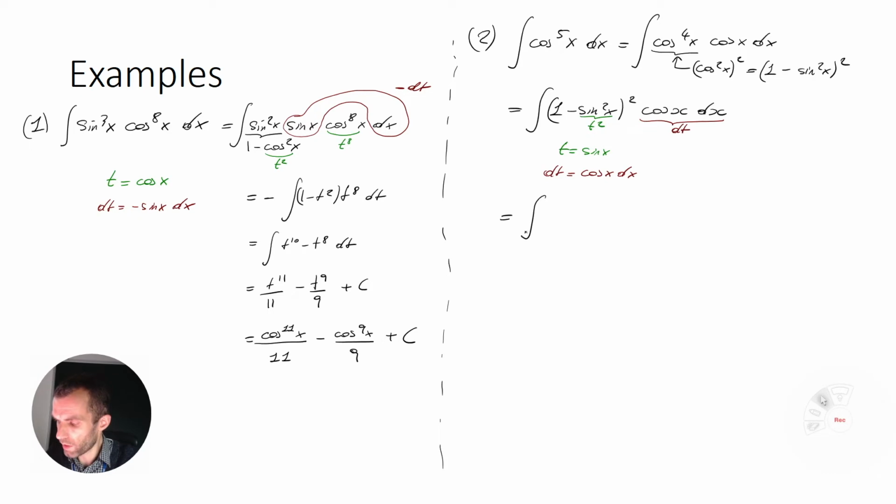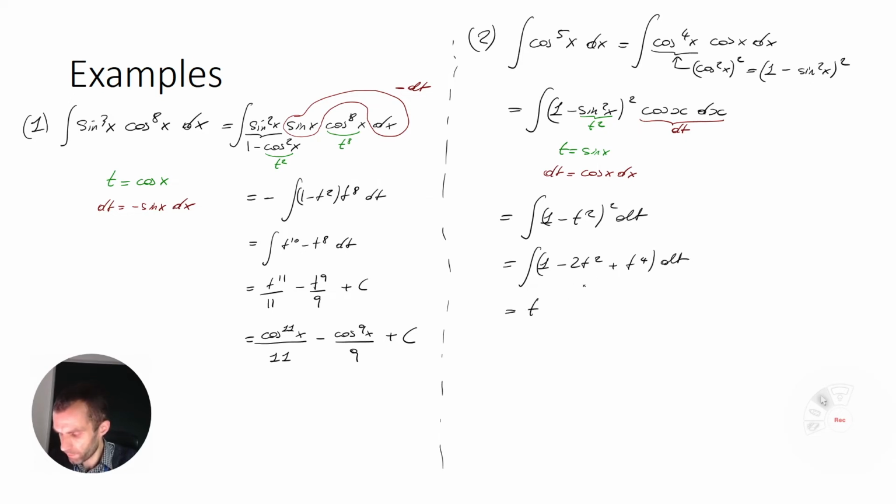And so now writing it all as a function of t, I get the integral of 1 minus t squared, squared dt. It's a polynomial, so I expand it. 1 minus 2t squared plus t to the power 4 dt.